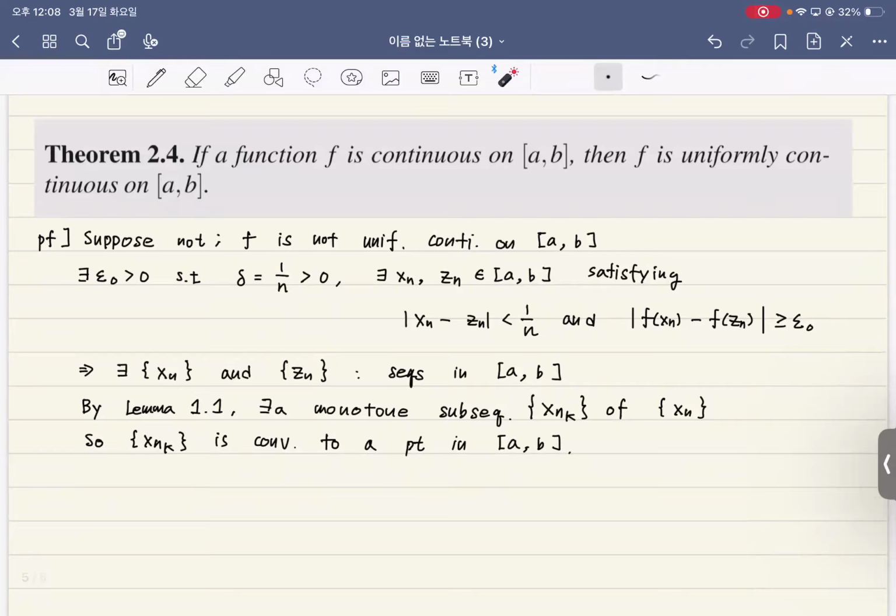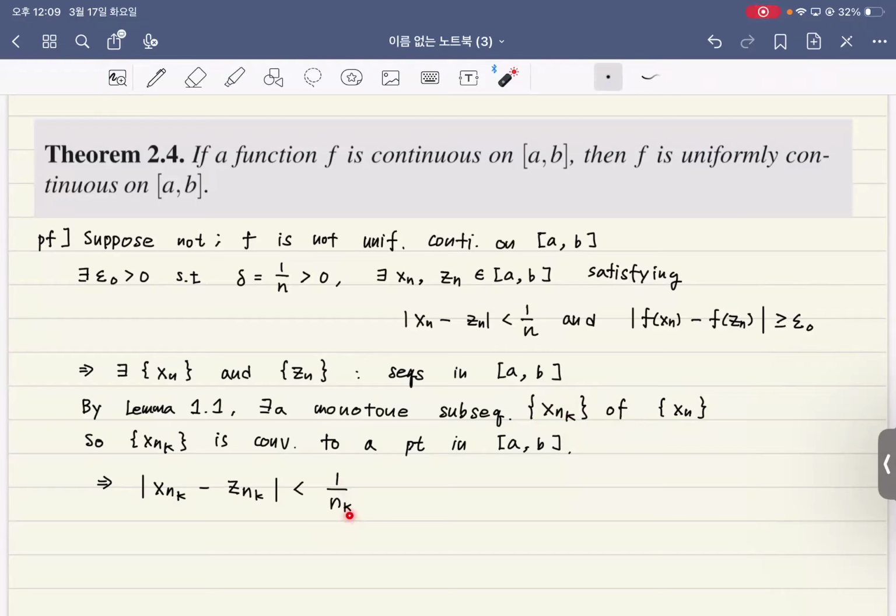Okay, and now you have to remember that xn minus zn is less than 1 over n. So for these subsequences x_{n_k}, choosing a subsequence means choosing a subset of indices of n. Therefore, for these indices, x_{n_k} minus z_{n_k} must be less than 1 over n_k.